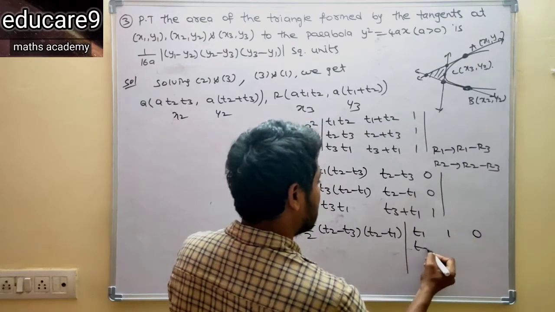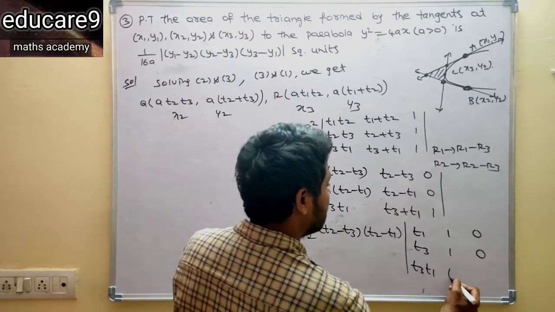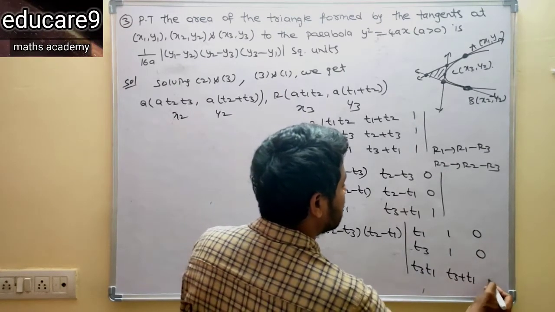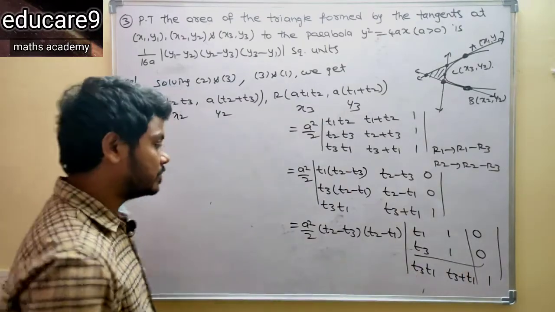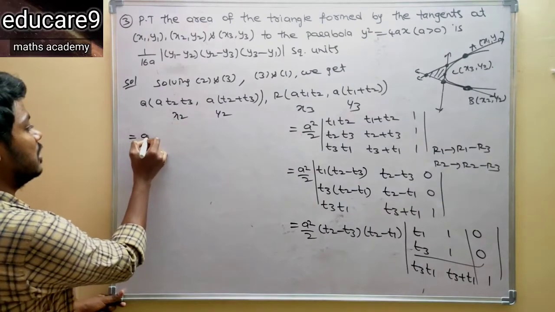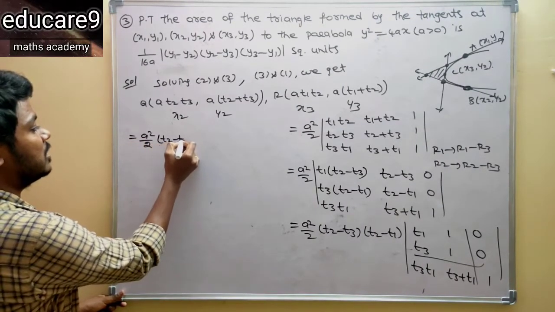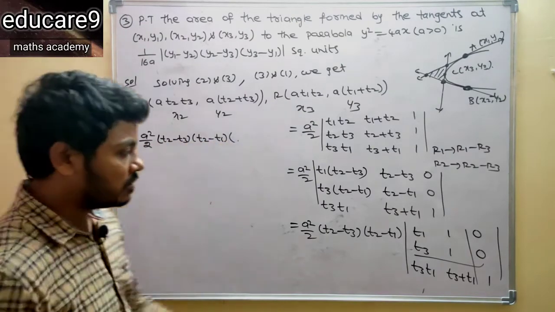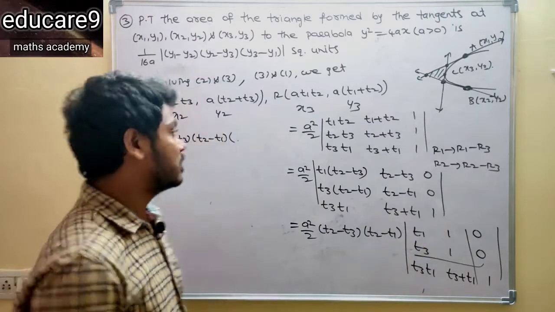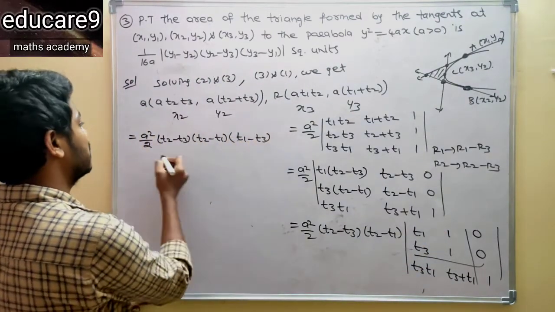Next, t3, 1, 0. Next, t3 t1, t3 plus t1, 1. Now find the determinant along the third row. That is a square by 2 into t2 minus t3, t2 minus t1, and this one t1 minus t3. So t1 minus t3. Okay.